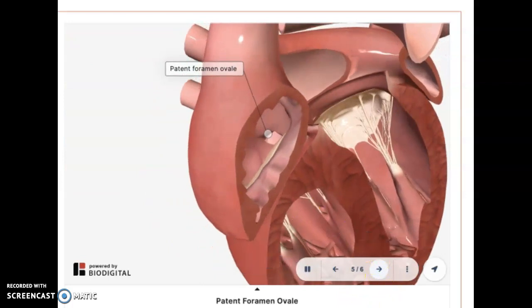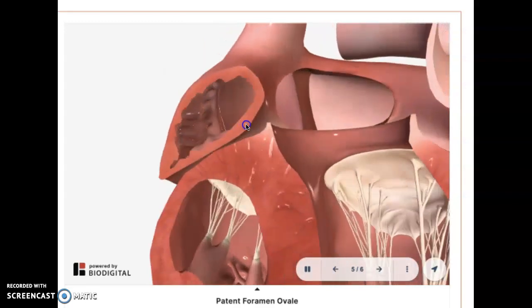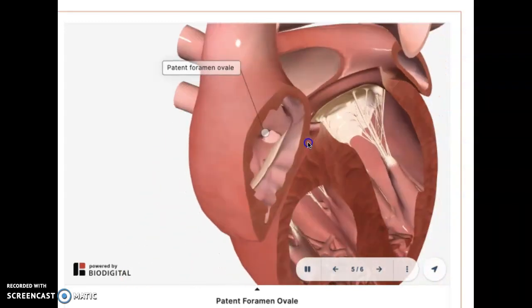The fifth condition is called patent foramen ovale. It's kind of a weird name, PFO for short. And this is an abnormal hole present in the wall between the upper chambers of the heart. Remember, we've got two upper chambers of the heart.